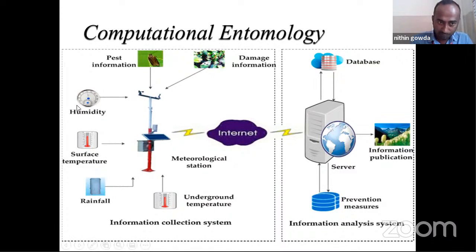You can use cameras and a wide variety of sensors, such as ultrasonic sensors and IR sensors, which can recognize the physical movement or physical characteristics of insects. Such things can be embedded here along with weather parameter sensors for humidity, rainfall, and temperature. Such things are recorded and transferred to the information analysis system.